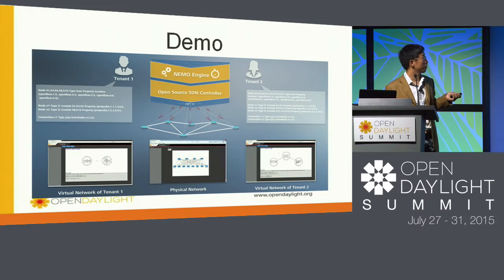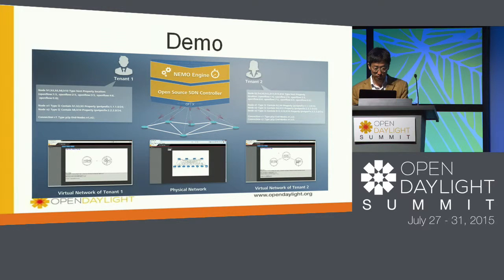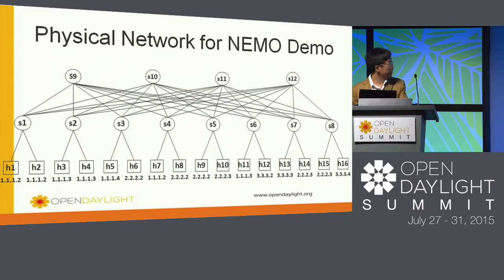They can use the Nemo script to create a virtual network on this physical network. Okay, this is the physical network topology. We have 16 virtual machines connected in this network.